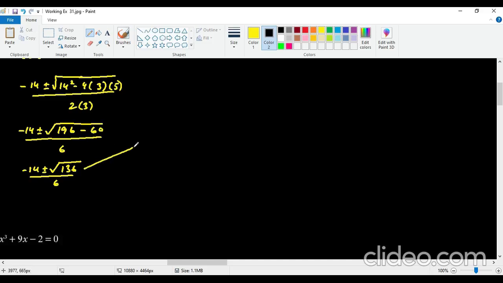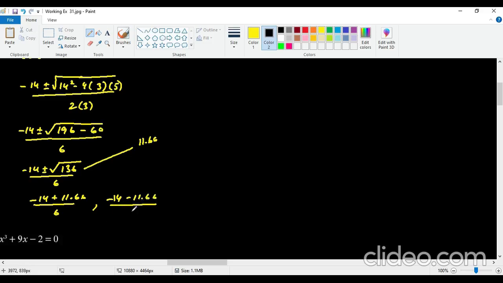And one more thing: if the answer for this radical is greater than 0, that means we have two real roots. So the value of this is going to be 11.66. So minus 14 plus 11.66 divided by 6. Another value you will get by minus 14 minus 11.66.